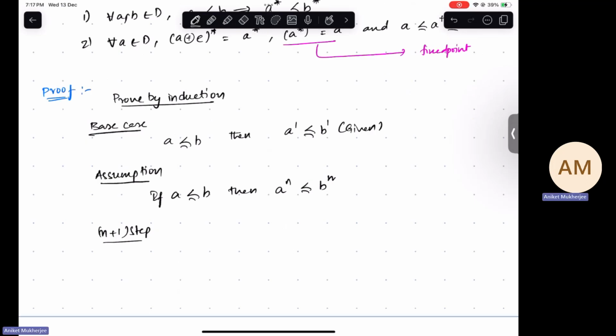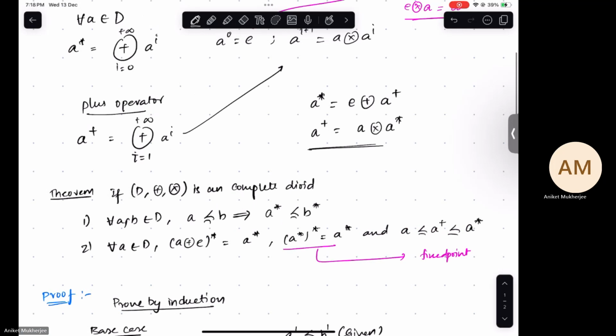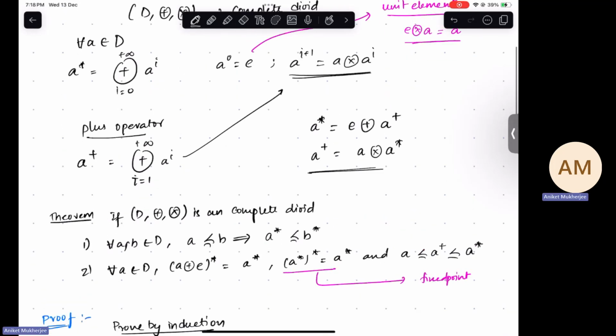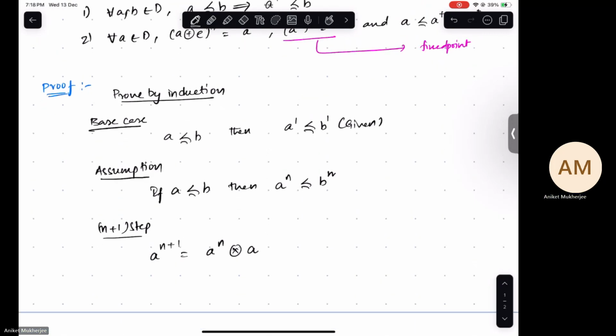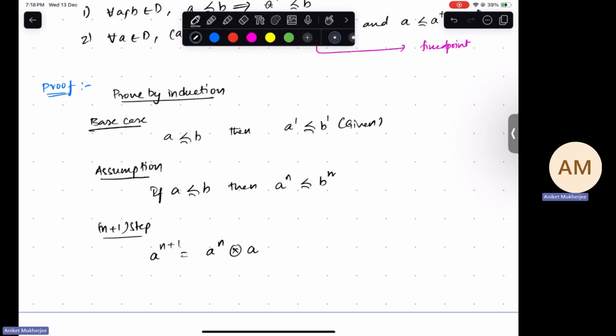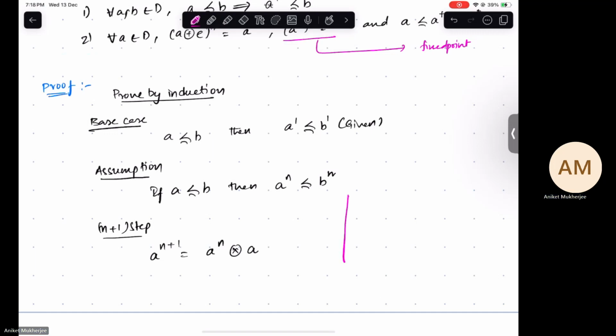Okay. So for that, we'll write out what A^(n+1) is. A^(n+1) is A^n into A, from the recursion A^(i+1) equal to A into A^i. And now we have the isotone property of the dioid orders.